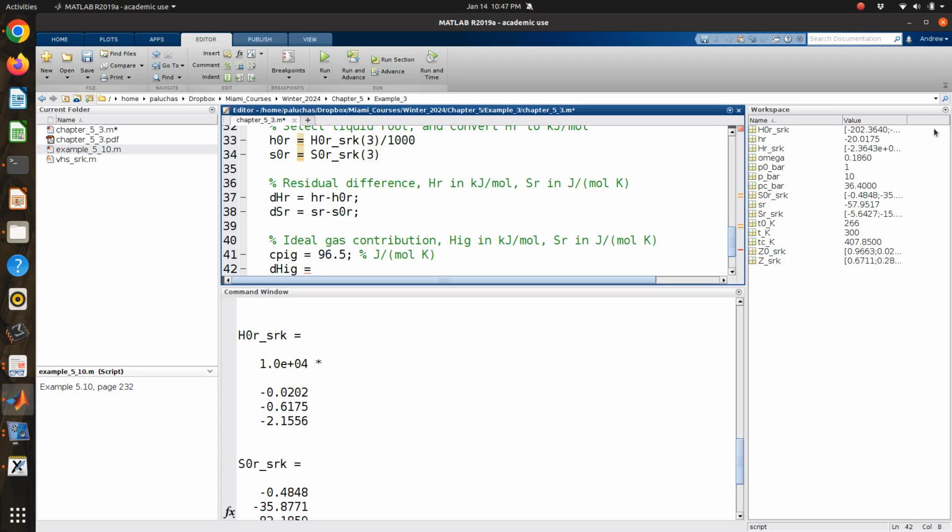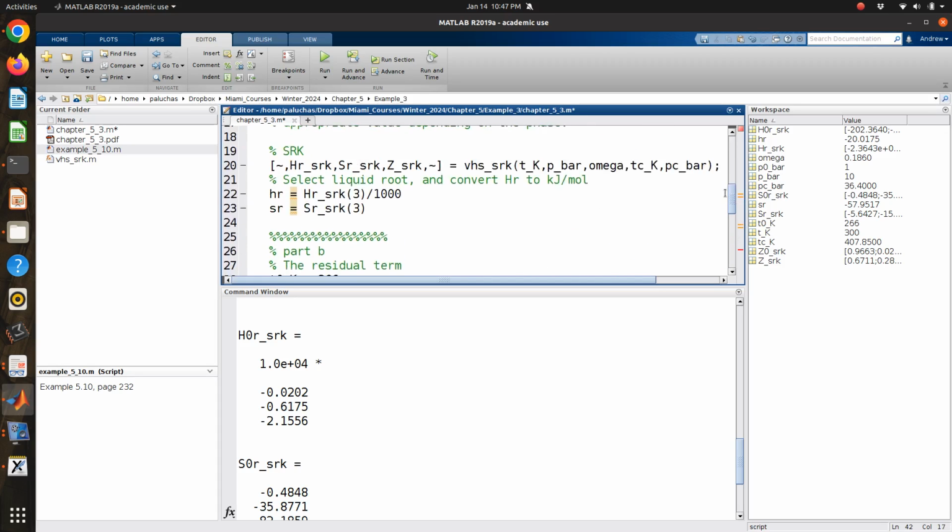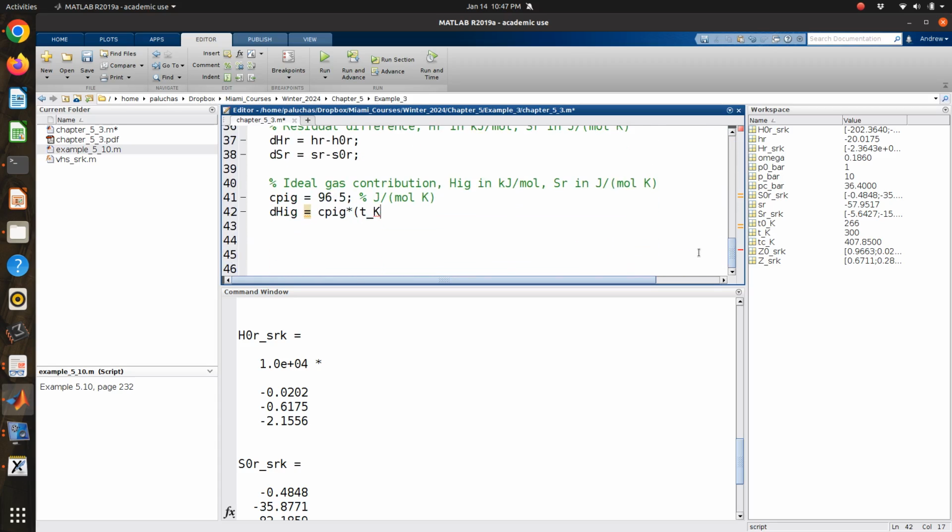So dH, that's CP ideal gas times T in Kelvin minus T naught in Kelvin. Then divide by 1,000, since this is joules per mole Kelvin and temperature's in Kelvin, so that'd be in joules per mole. So divide by 1,000, so it's also in kilojoules per mole.